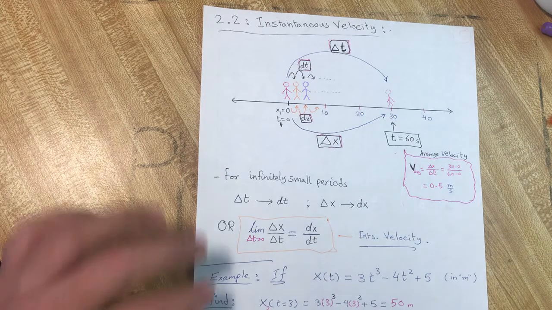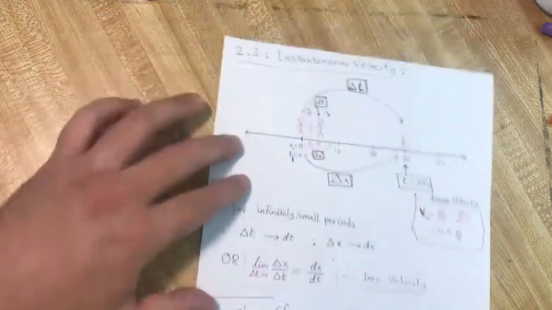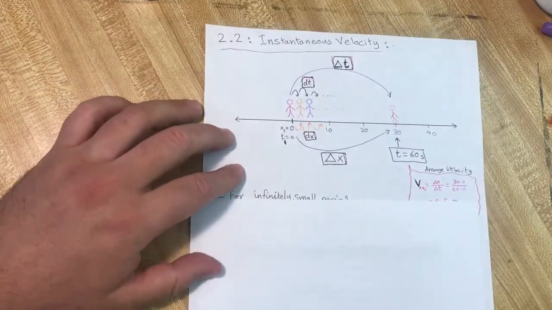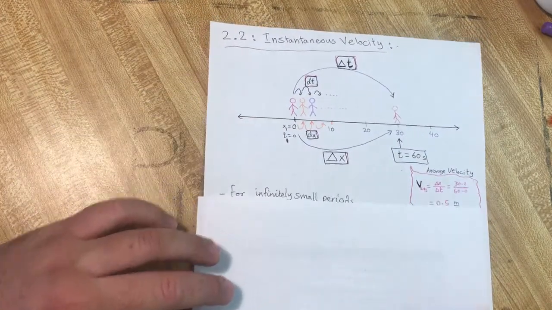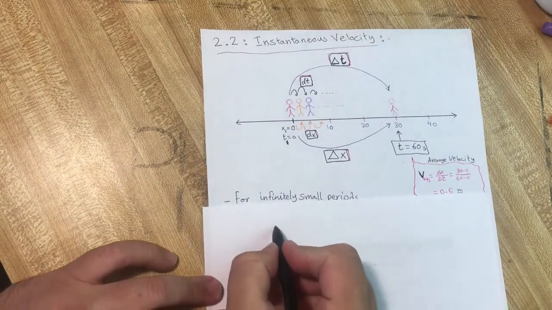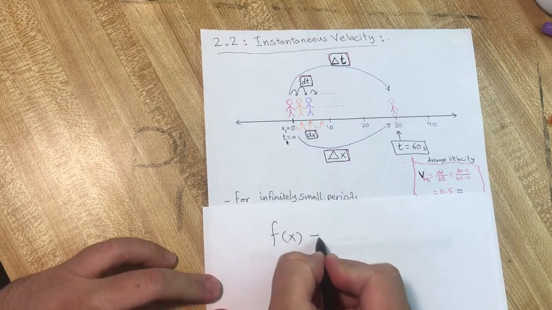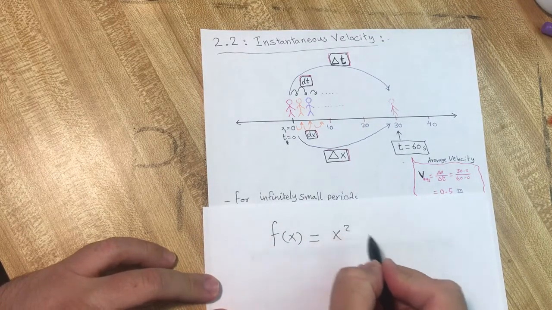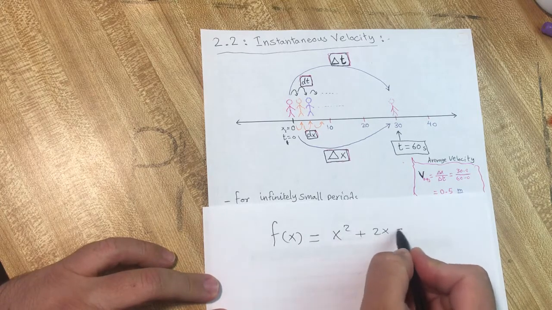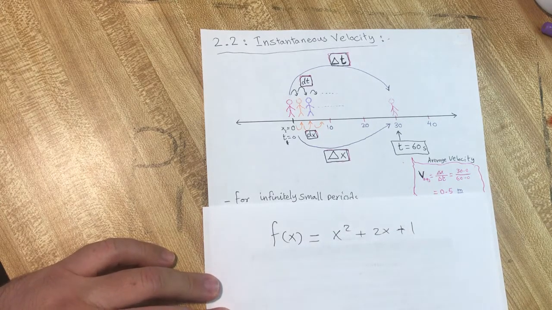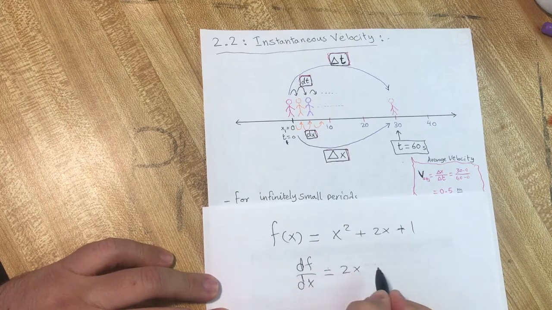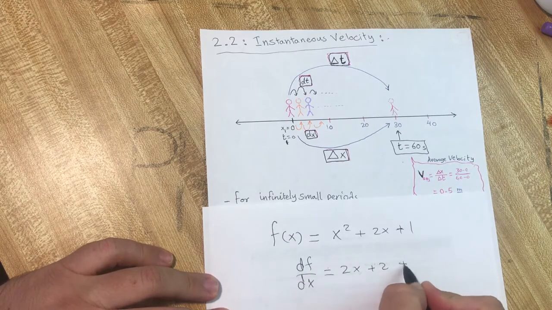Do you remember the example from before? We have this simple function: f of x equals x squared plus 2x plus 1. What is df by dx? It is equal to 2x plus 2 plus 0.